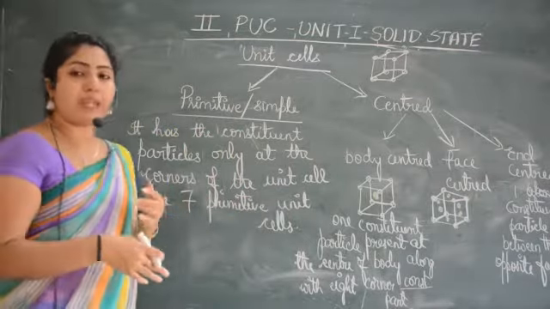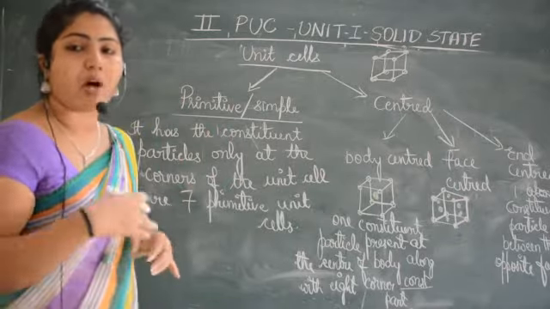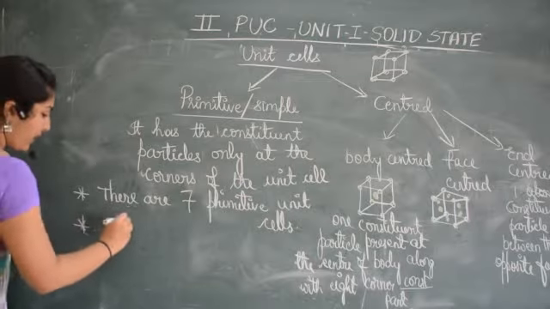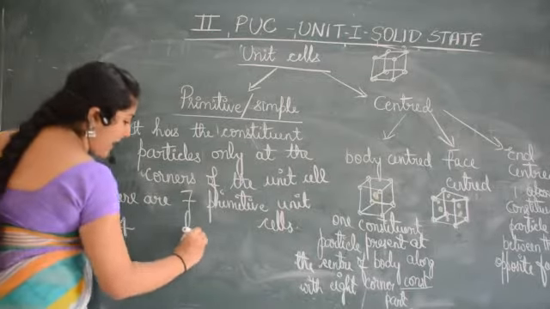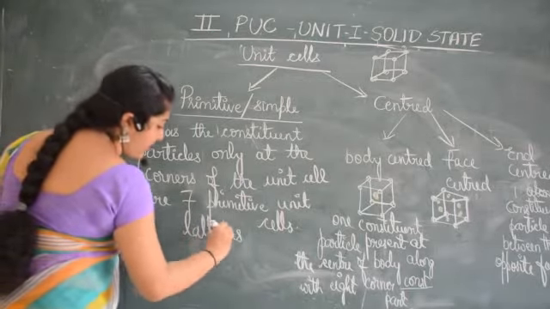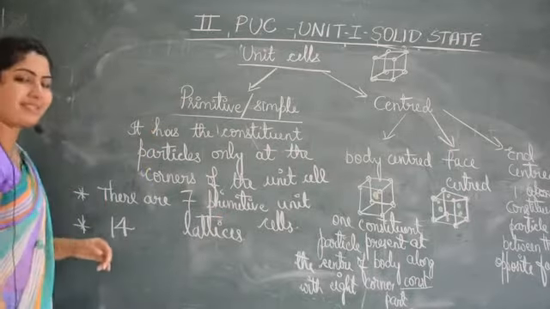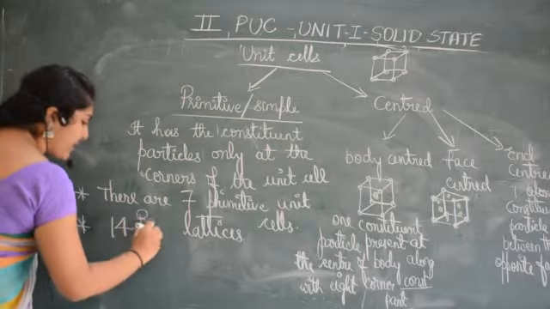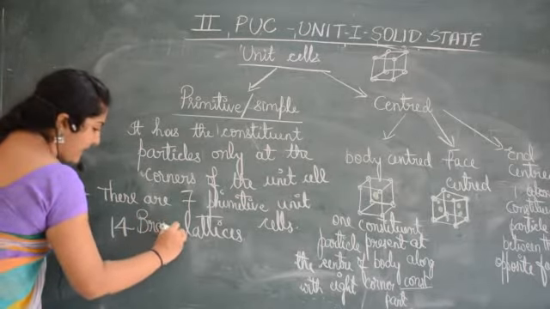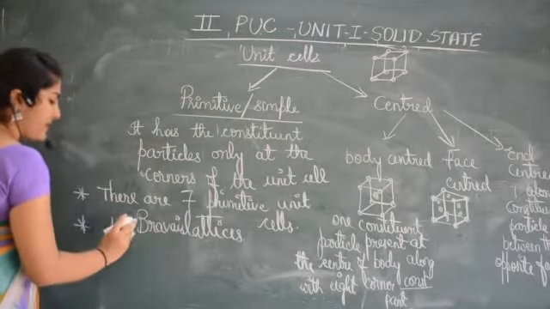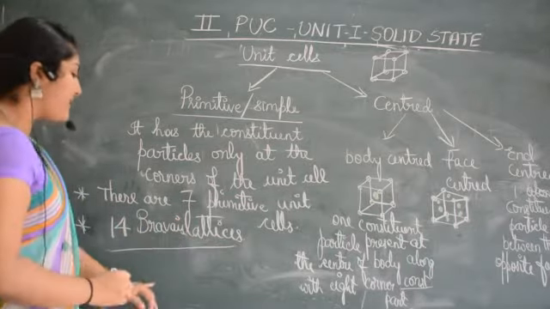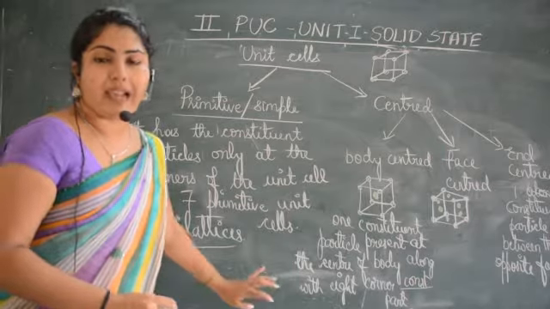Using this, we can get lattices. How many lattices we get? We have 14 lattices, and these lattices are named after the mathematician who described about them. His name was Bravais, so it is named as Bravais lattices. There are 7 primitive unit cells and 14 Bravais lattices.